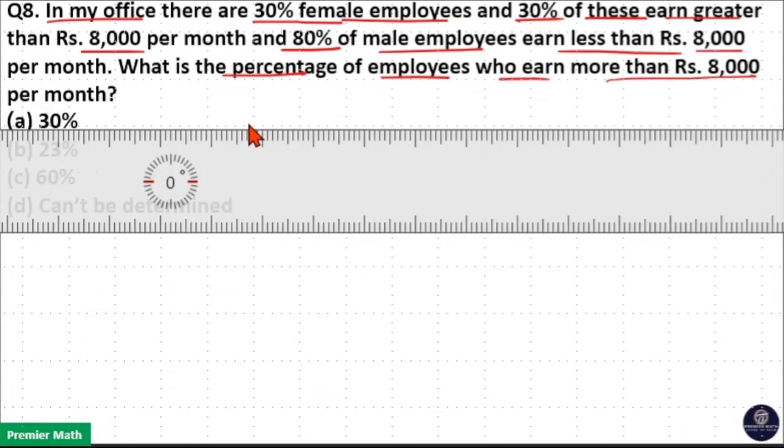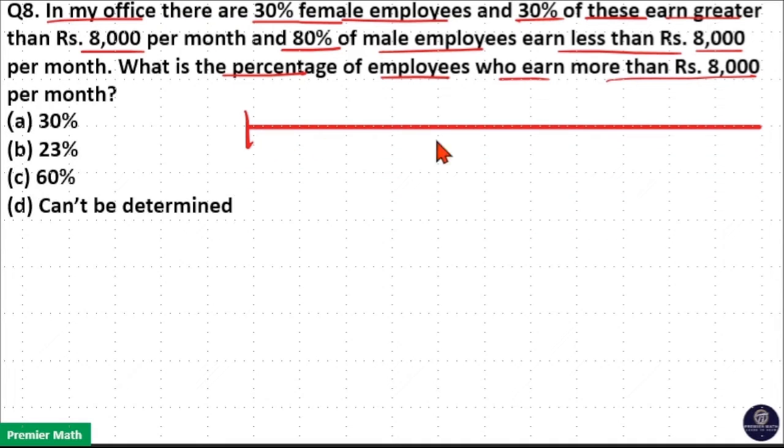Here, let us consider there are total 100% employees in my office and 30% are female employees. The question doesn't say how much percentage is the male employees. 30% are female employees means 100 minus 30, remaining 70% are male employees.